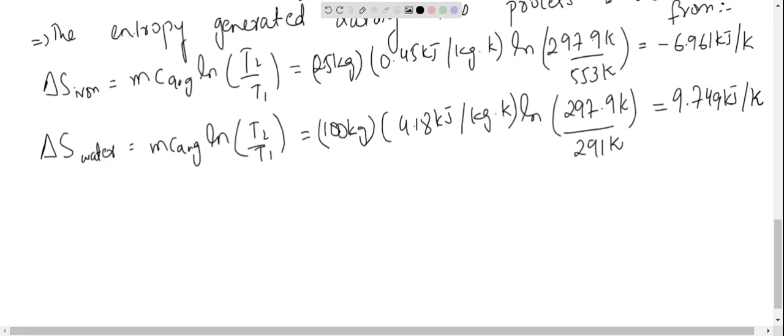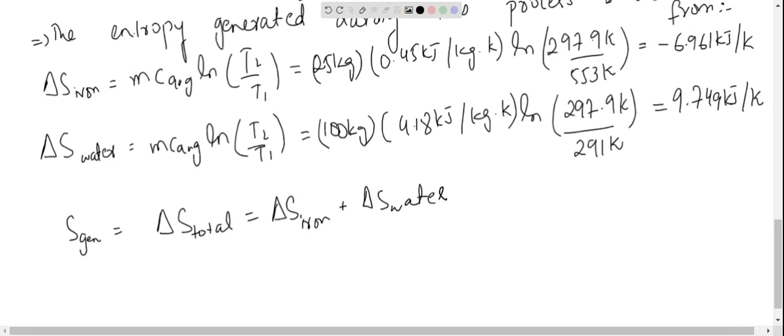Now we find our entropy generated, that equals our total entropy change, and that equals the entropy change of iron plus the entropy change of the water. So we add these two answers.